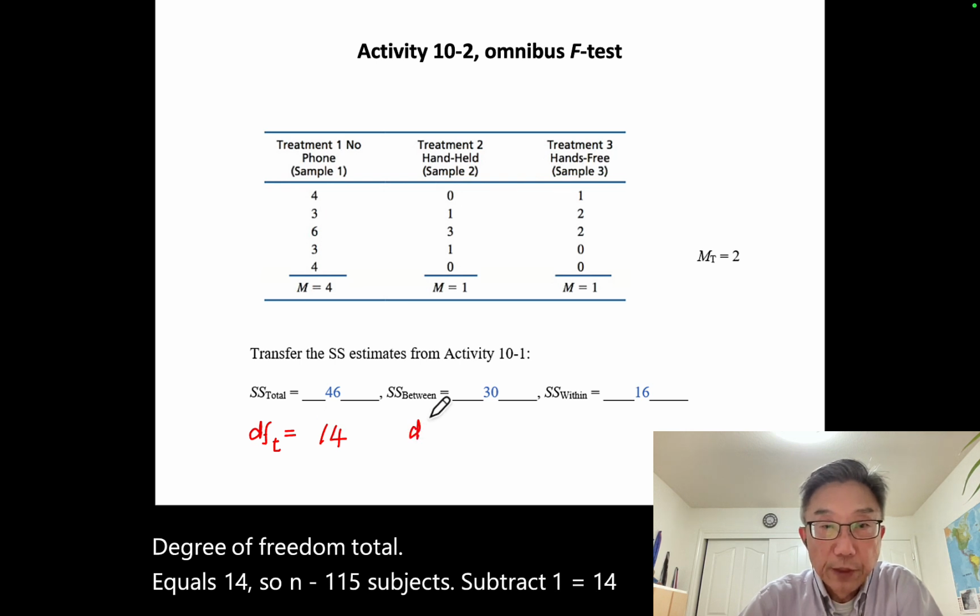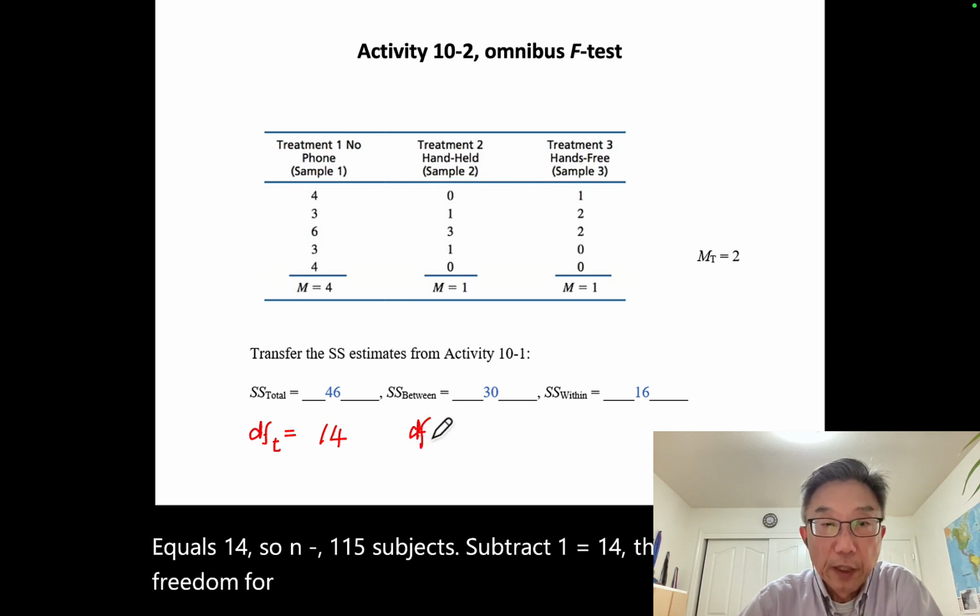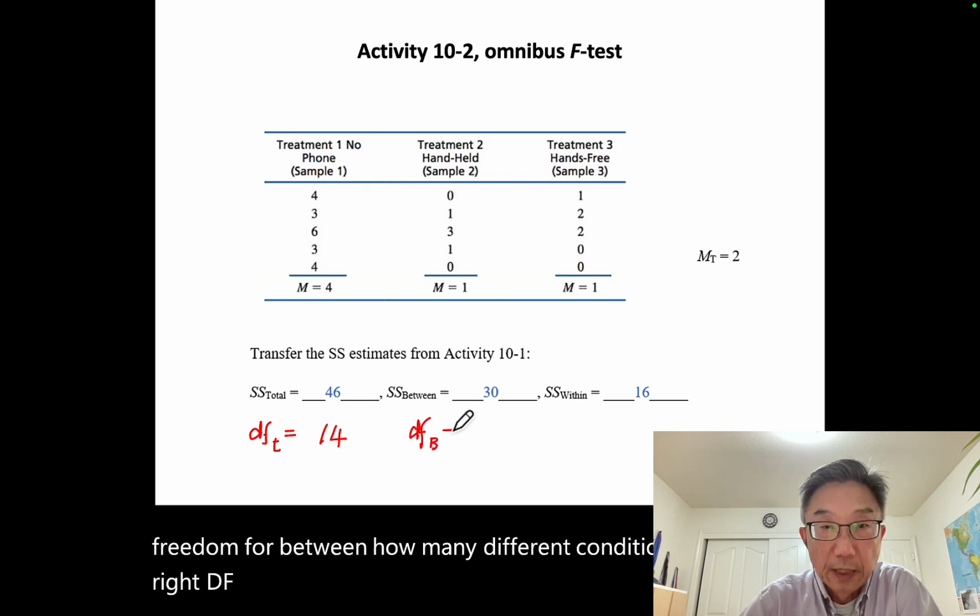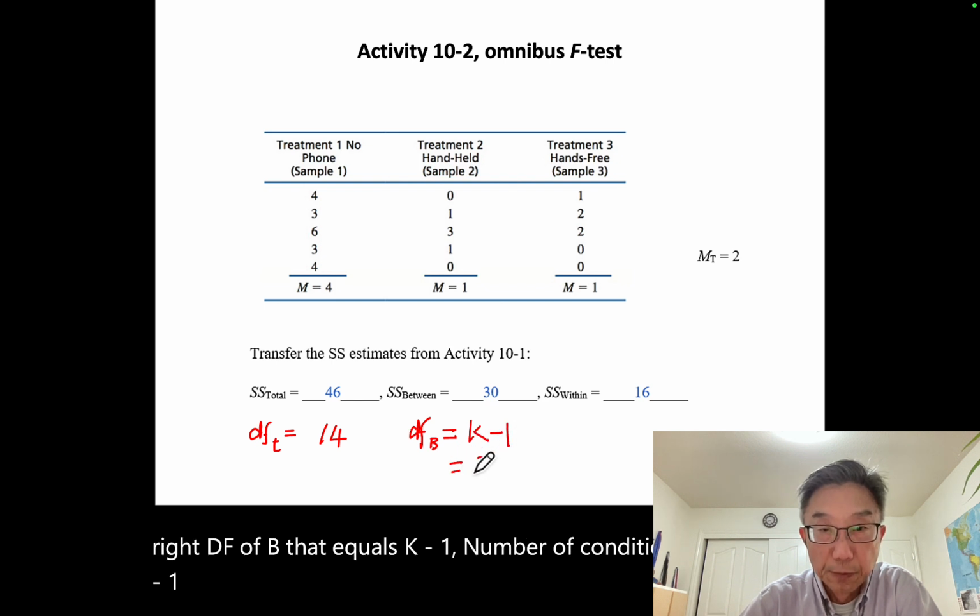Then the degree of freedom for between: how many different conditions do we have? df of b equals k minus 1, number of conditions minus 1, so 3 minus 1 equals 2.